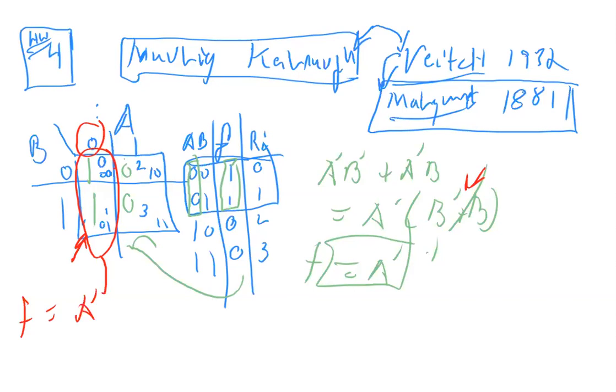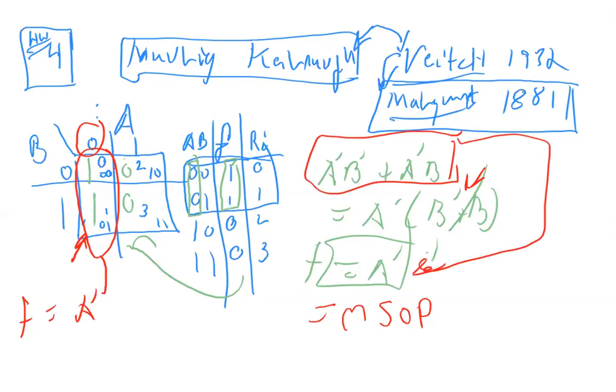And when we're done with it, we get a minimal sum of products. And a minimal sum of products is interesting because instead of using 2 AND gates and an OR gate, we're able to substitute an inverter.